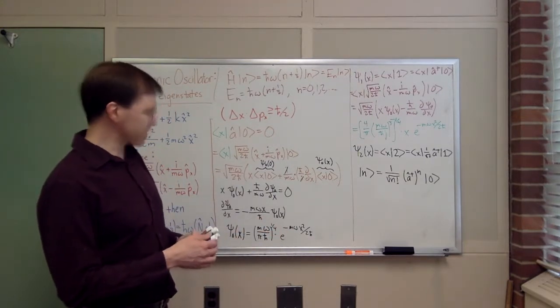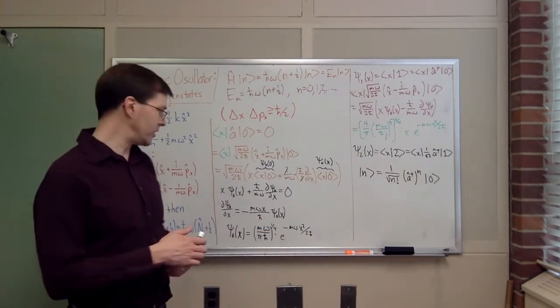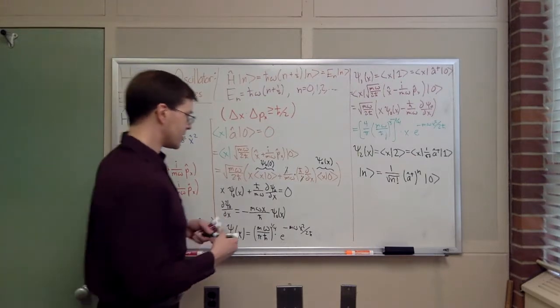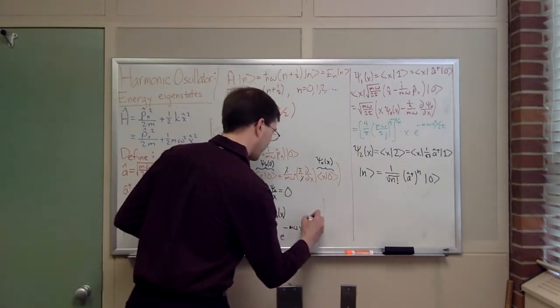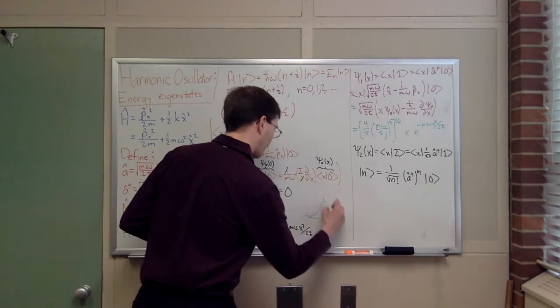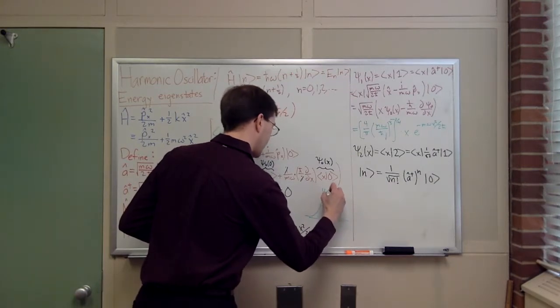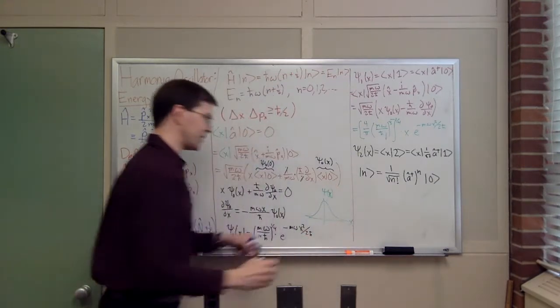I guess I could ask, what do these look like, as a final question. I said this one's a Gaussian, so this one would look like some wave function, psi of x versus x, something like that.